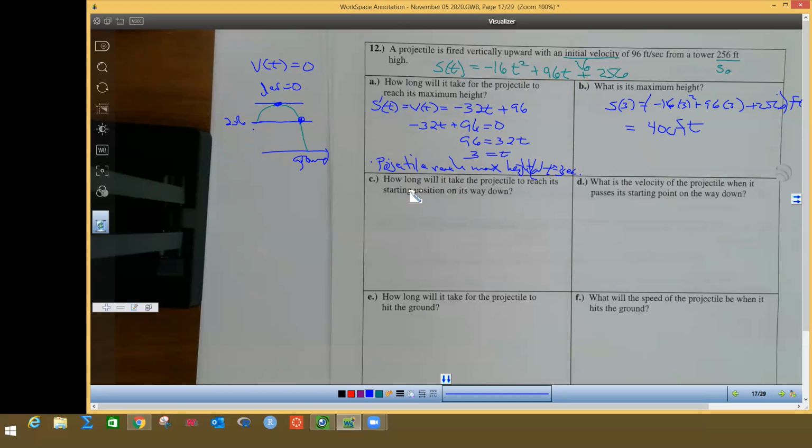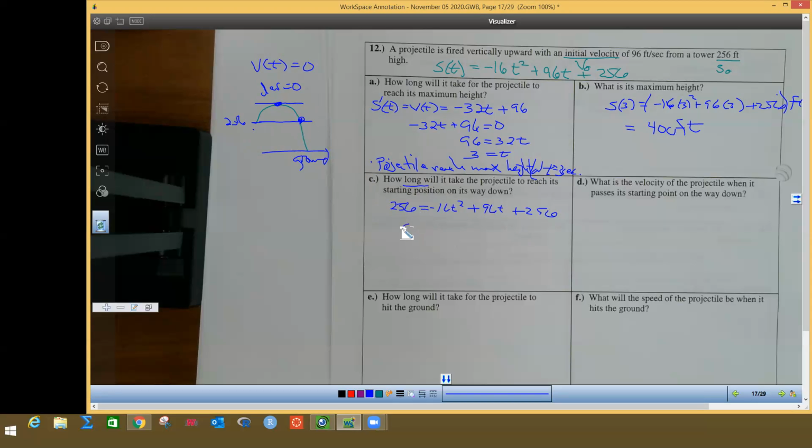So it says how long, so I'm looking for which variable? t. I want to get t when the height is 256. So I'm going to say 256 equals negative 16t squared plus 96t plus 256, because I want it to reach that same height over here.